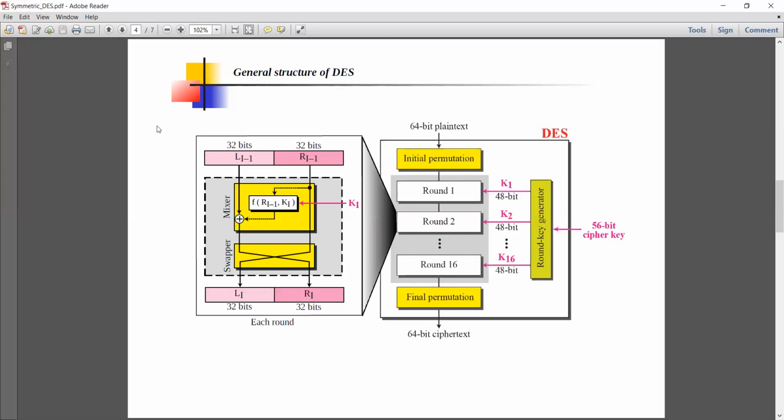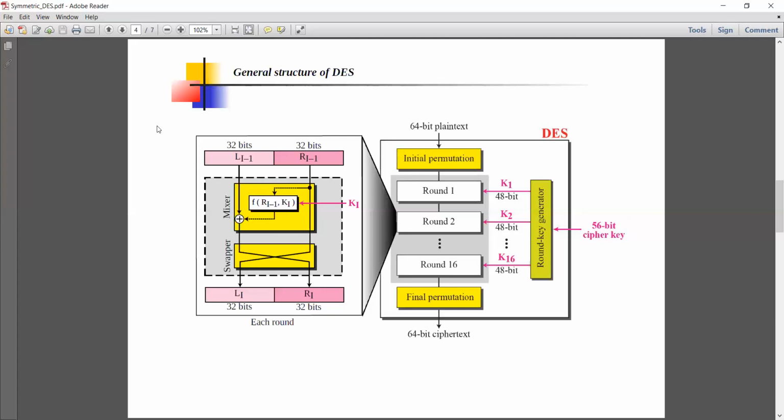We have mentioned that DES uses a 56-bit key. Actually, the initial key consists of 64 bits. However, before the DES process even starts, every 8th bit of the key is discarded to produce a 56-bit key.